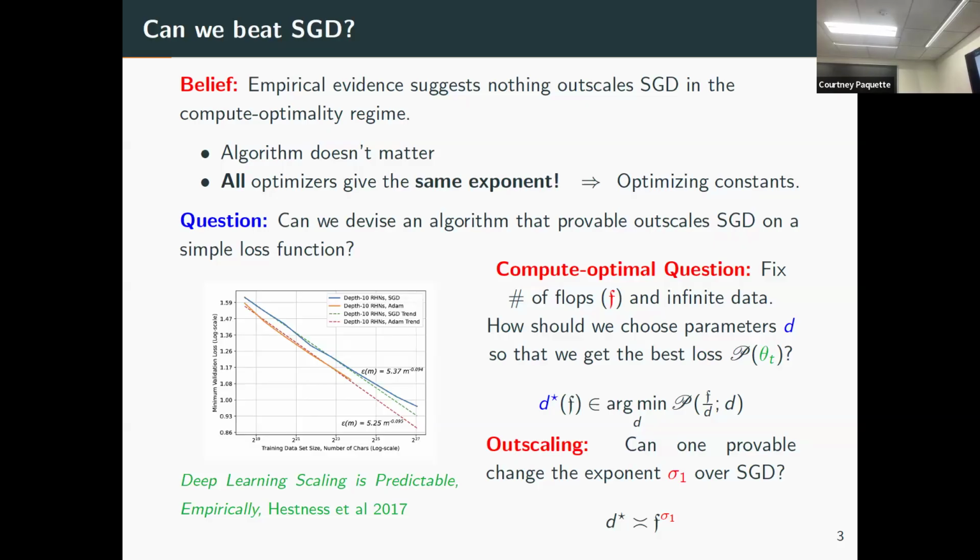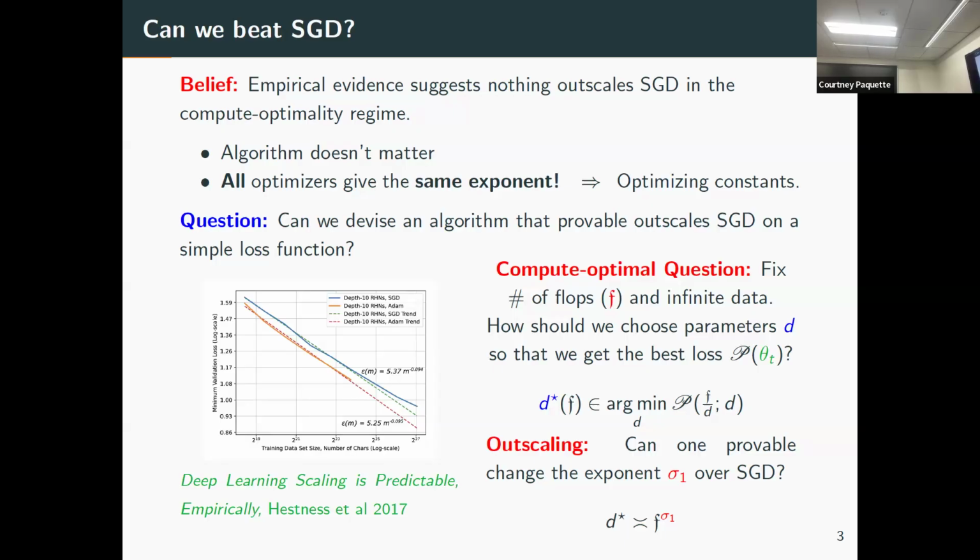Why this is really hard in practice to verify is because the actual exponents that you see are extremely small and you don't have a lot of data. So it's really hard to exactly say if you're actually beating something in practice.